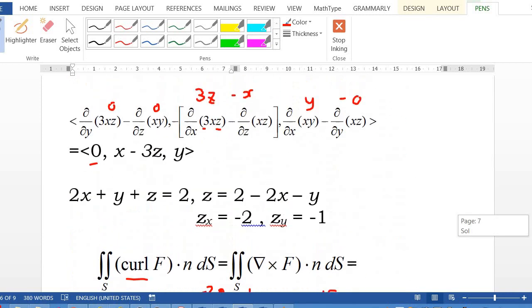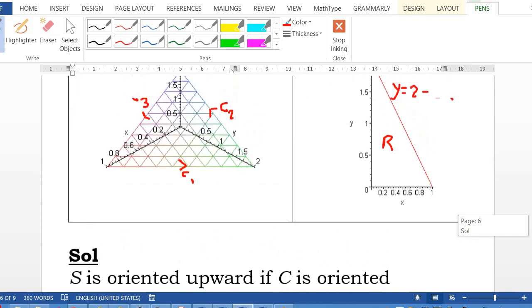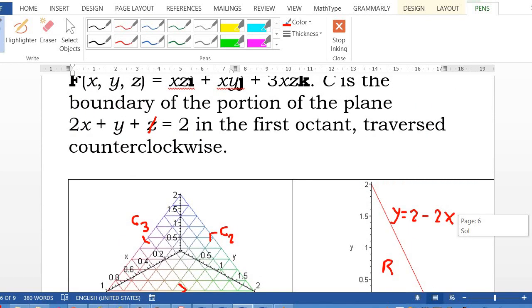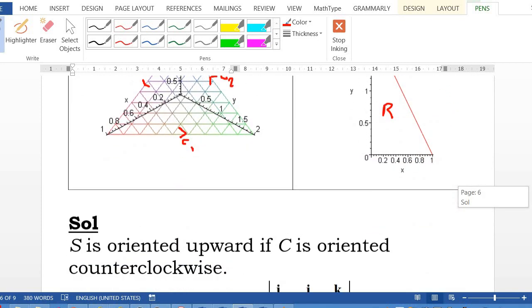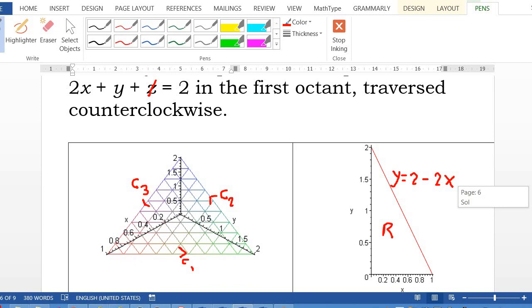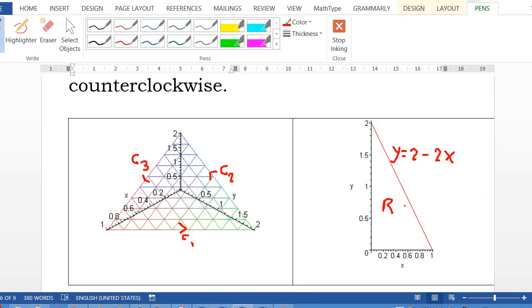Okay, region R, as shown just now, from the tetrahedron surface 2x plus y plus z equal to 2. The region R is on the xy plane, which happens when z is 0. We have 2x plus y equal to 2, or y equal to 2 minus 2x. So since this is a non-circular region, we solve it using Cartesian coordinates, and let's say we solve it using vertical bar, which is dy dx, then y touching the x-axis, which is y equal to 0, until the upper curve, which is y equal to 2 minus 2x.